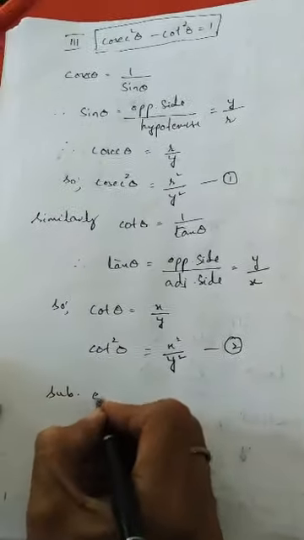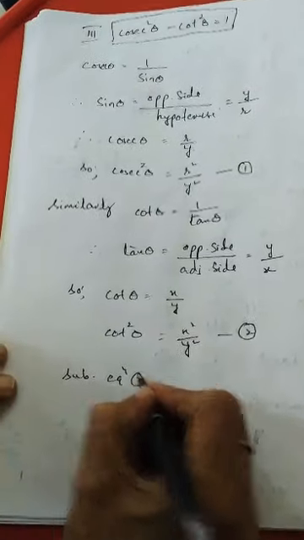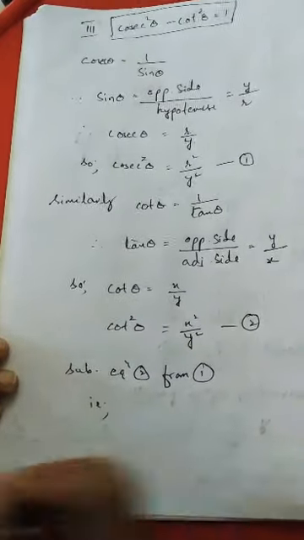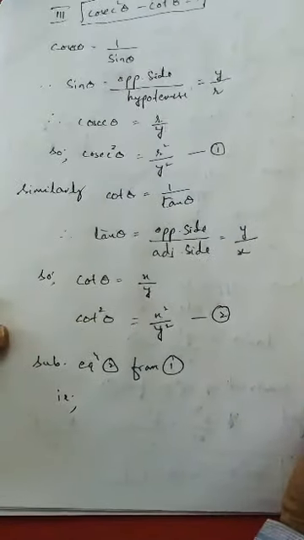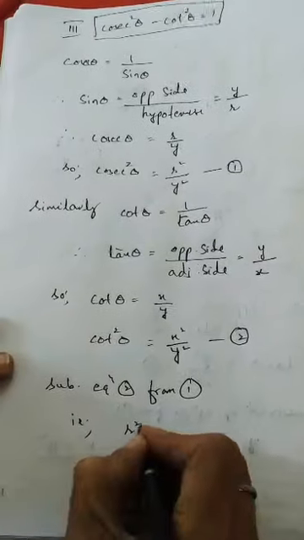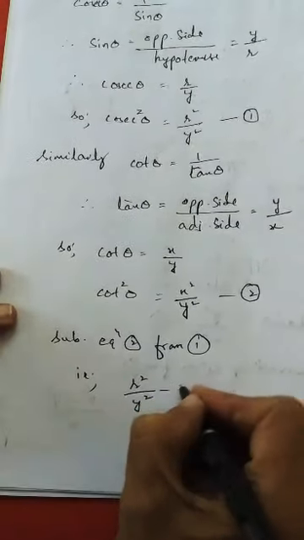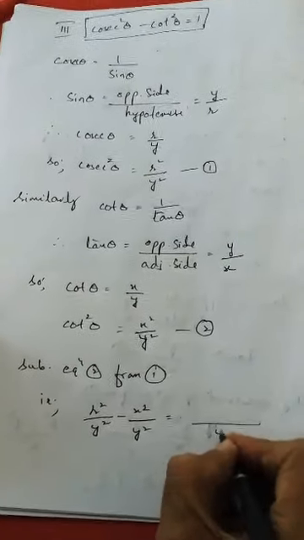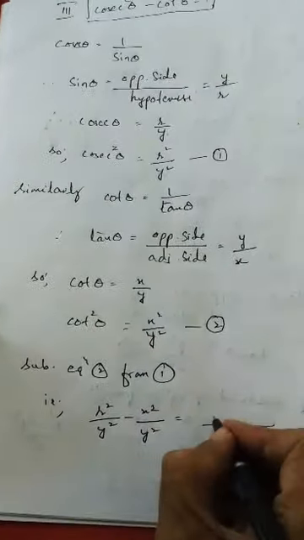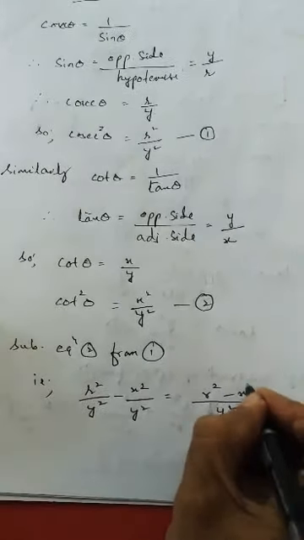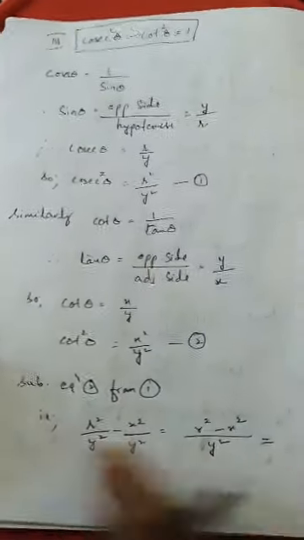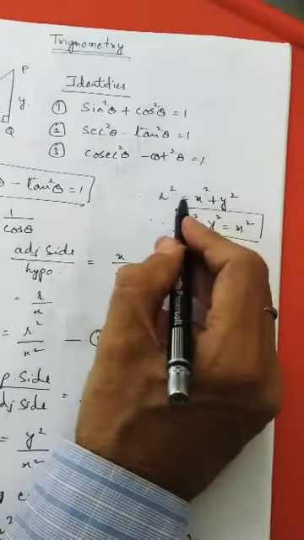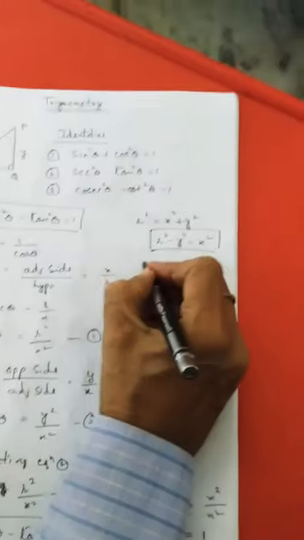Now we subtract equation 2 from 1. That is r square by y square minus x square by y square. Here we take the LCM as y square. So in the numerator we get r square minus x square. From this triangle, from the Pythagoras theorem, r square is equal to x square plus y square.